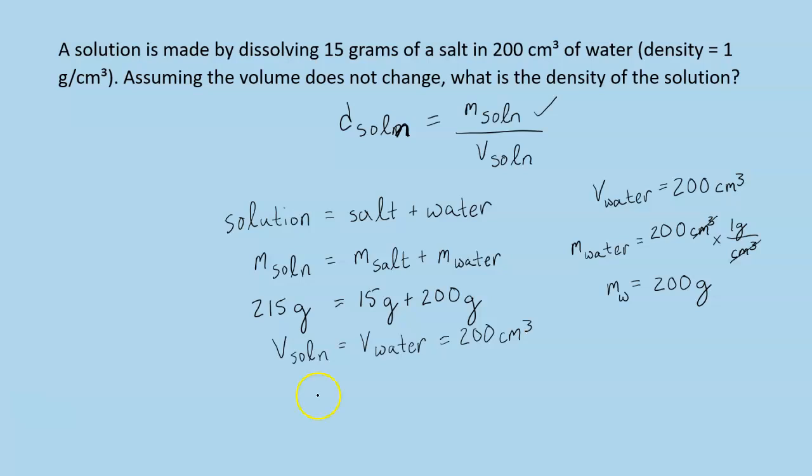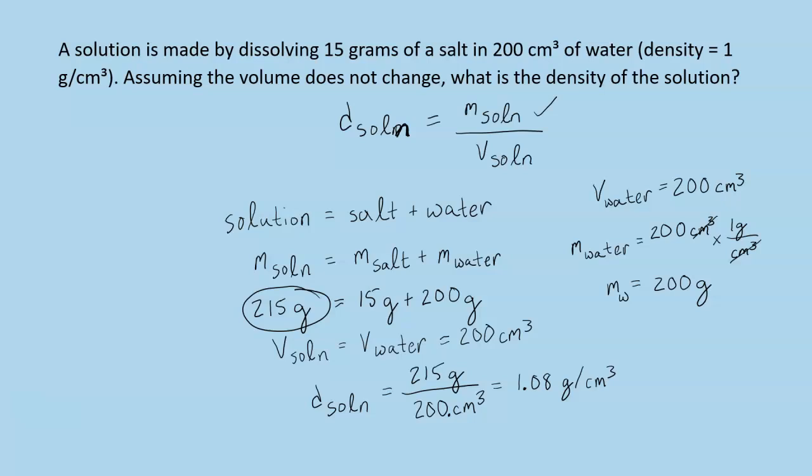Okay. So to find the density of the solution, that's going to be equal to the mass of the solution, remember it's the total mass, 215 grams, divided by the volume of the solution, which is the same as the volume of the water, and that's 200 centimeters cubed. So if we were to assume that those zeros are significant, and that's exactly 200, we should get back three digits of significance, which is 1.08 grams per centimeter cubed.